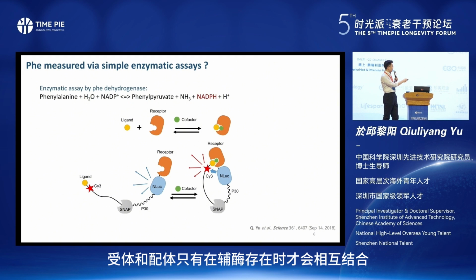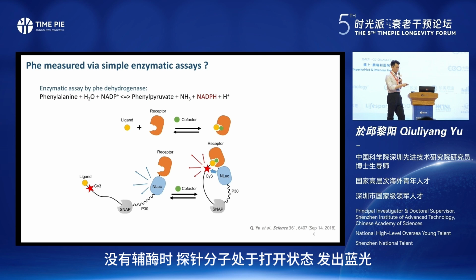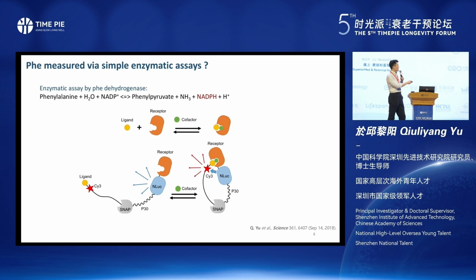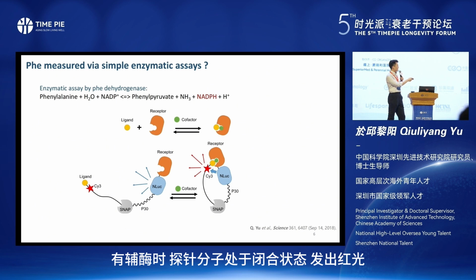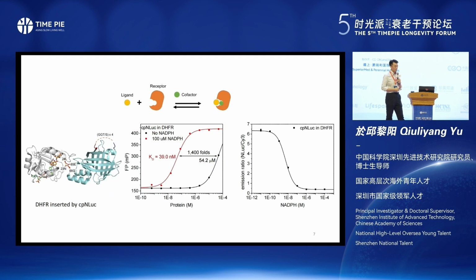And this receptor and ligand only interact in the presence of the cofactor, so here NADPH. Without the cofactor, we have an open sensor that emits blue light. And when we have the cofactor, we have a closed sensor that gives red light. So there is energy transfer in between.